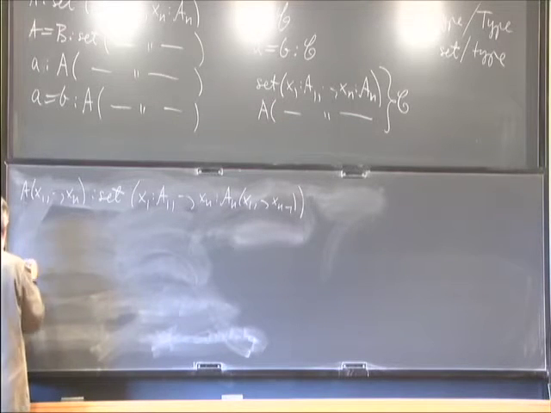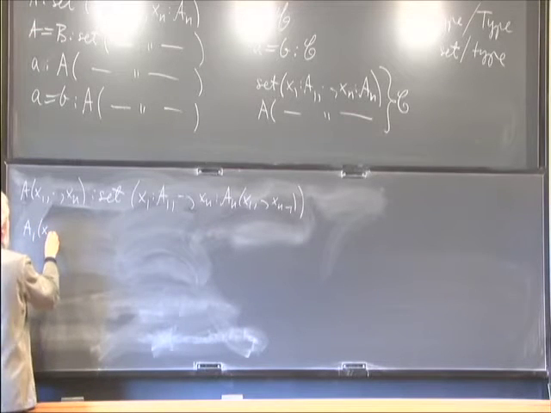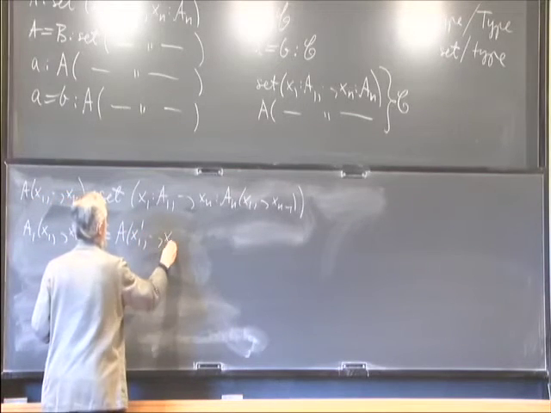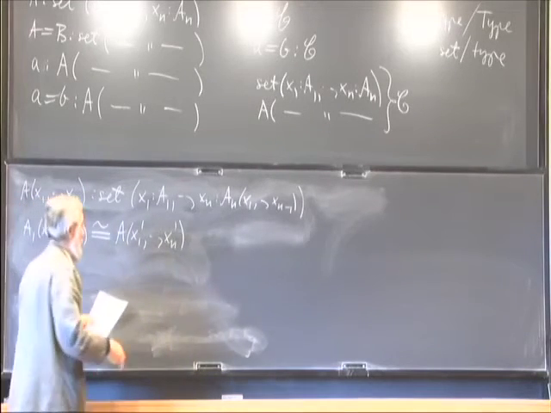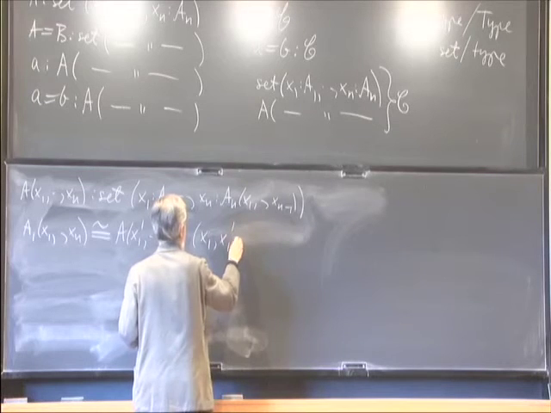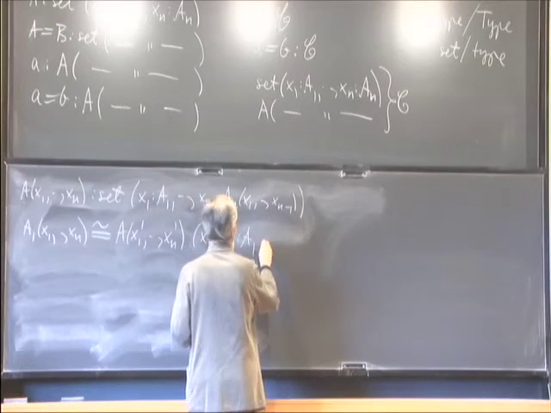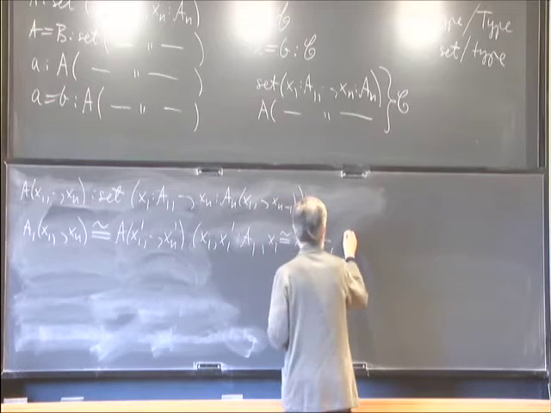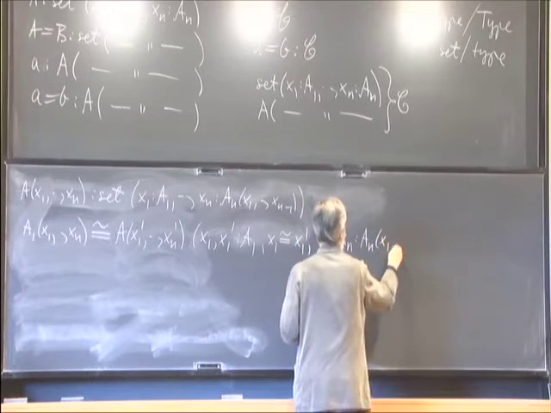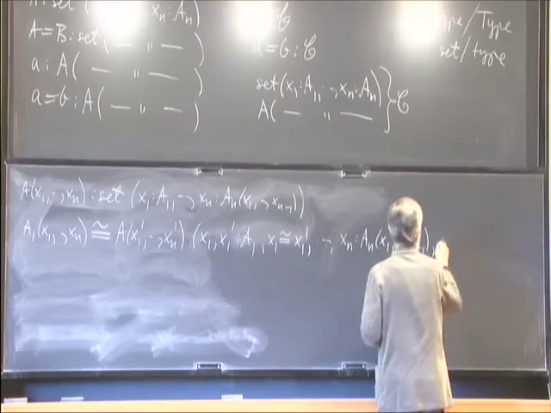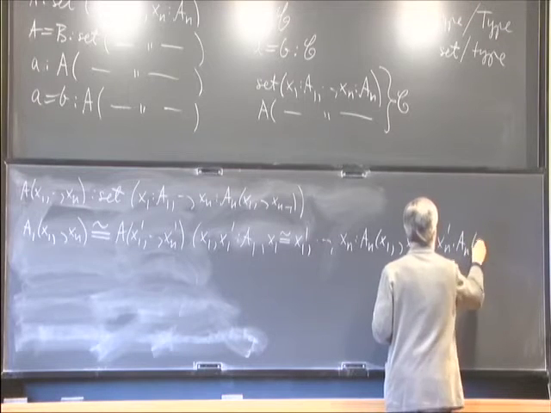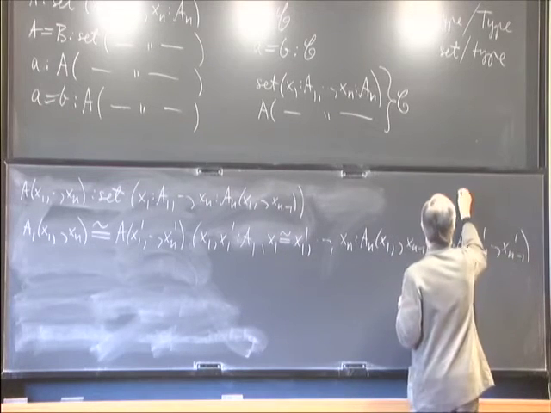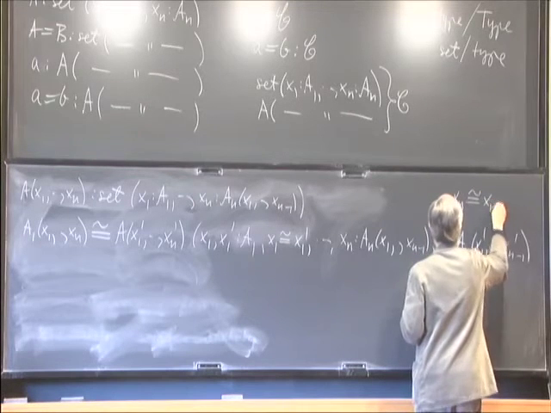Well, naturally we should expect that A(x1, ..., xn) should be isomorphic to A(x1', ..., xn'), provided x1 and x1' are in A1 and x1 is isomorphic to x1', etc., xn is in An(x1, ..., xn-1) and xn' is in An. And moreover, xn is isomorphic to xn'.